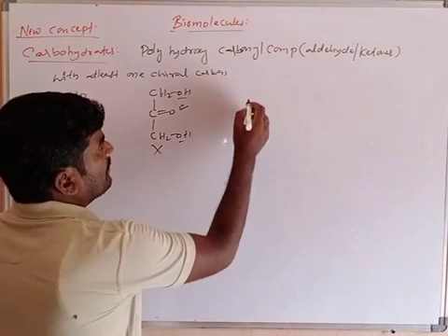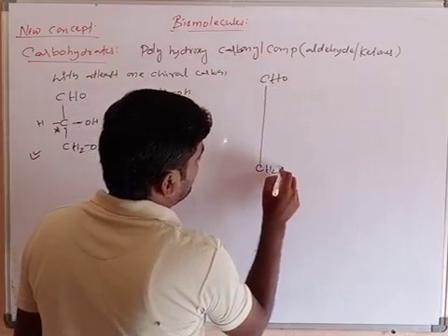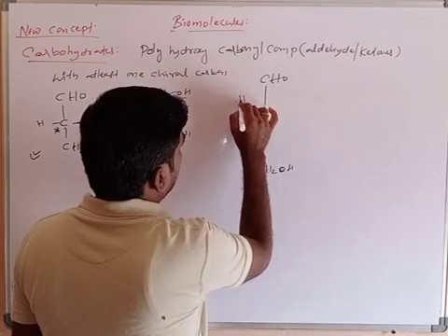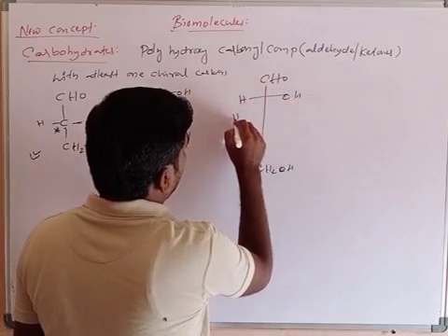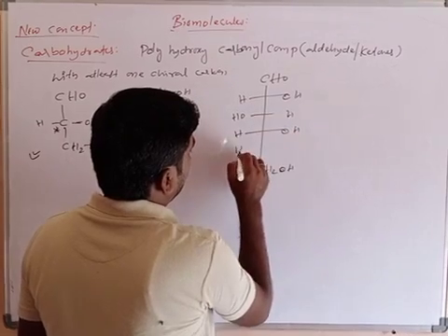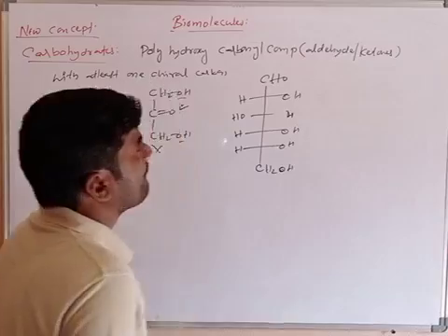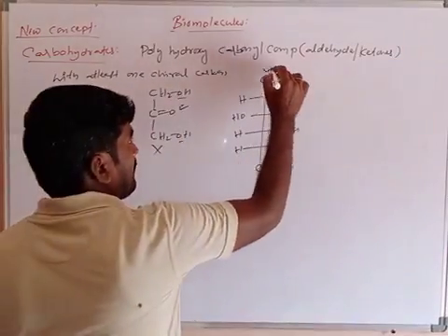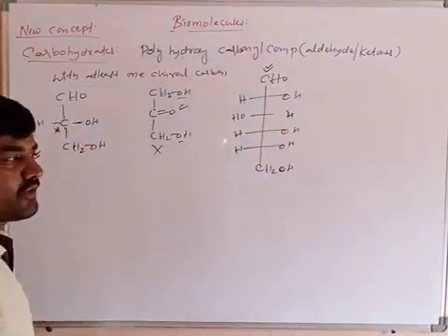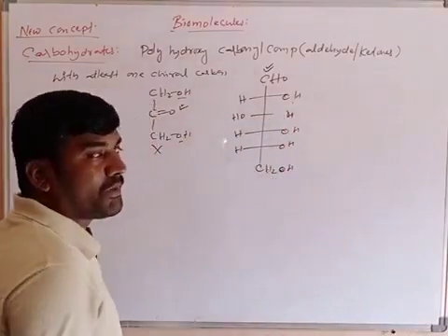Let's take one more example. CHO, CH2OH, HOH. Clear? Now, a carbonyl group, an aldehyde group, is there, and hydroxy groups 1, 2, 3, 4, 5.